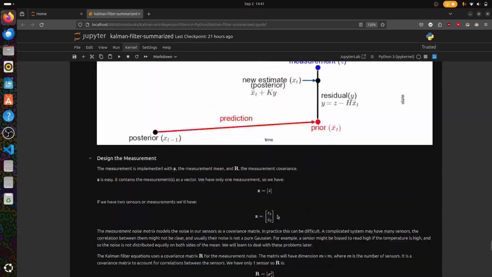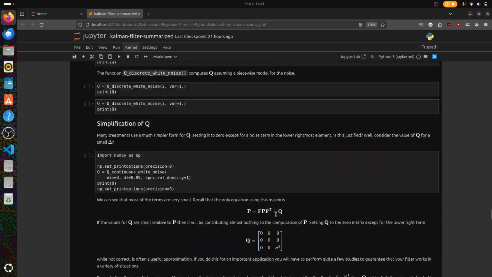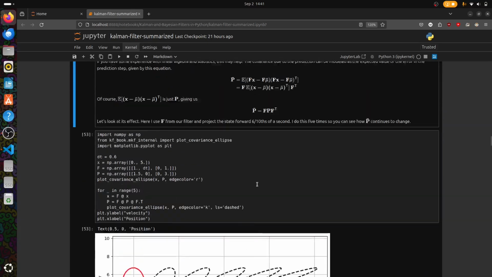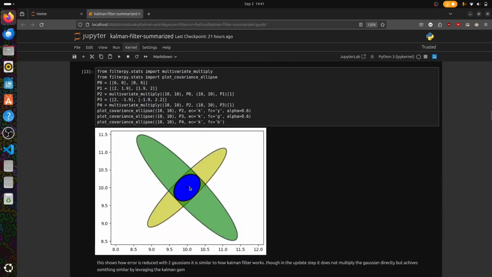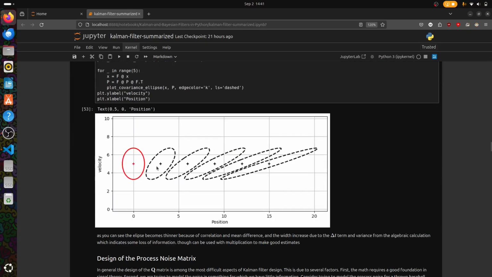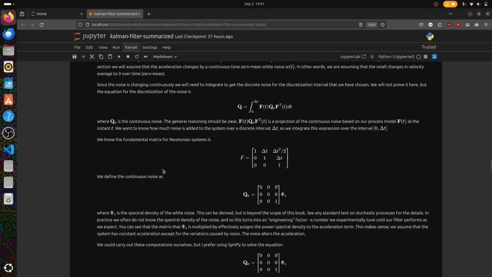So essentially what is happening is that you get a less errorful Gaussian, like seen in blue here, and you feed it back again to the predict step, so it moves forward in time and then gets corrected again.